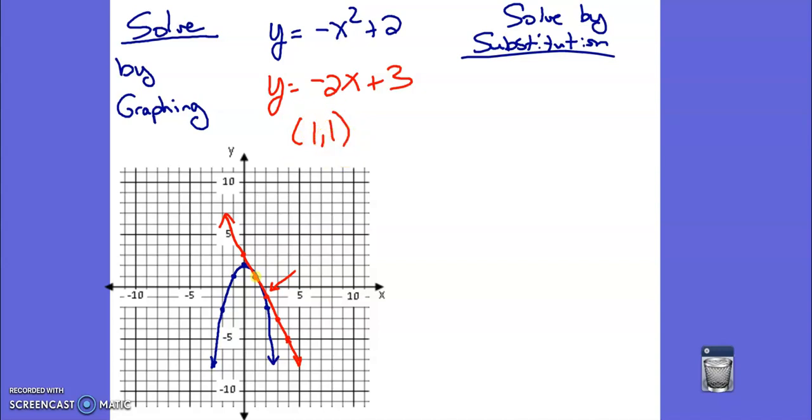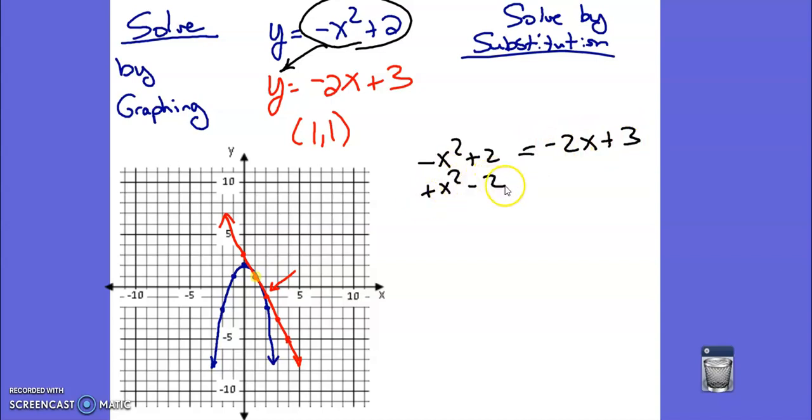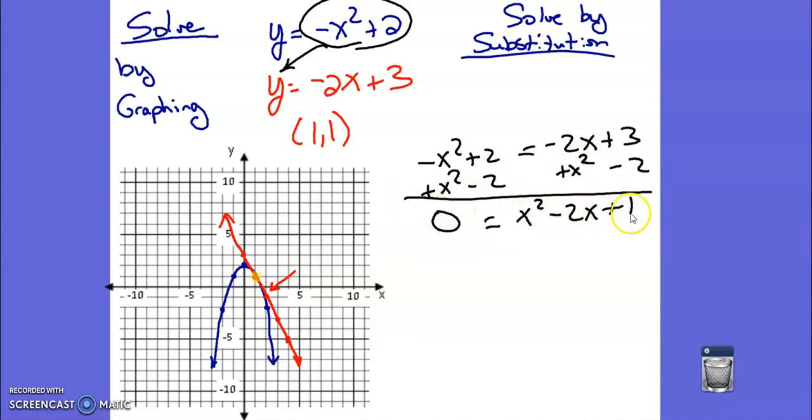And again, if you're not 100% sure, you can substitute (1, 1) in and see it works. But let's also solve it by substitution, and you'll see what I'm talking about. So again, I'm going to set this equation equal right there, and then go ahead and solve. Again, quadratics, you want to set them equal to 0.